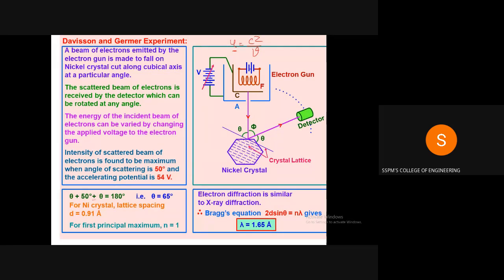That is as per Bragg's condition. Okay, the similar value we can obtain by using the de Broglie equation. Lambda equals h upon square root of 2mEV. Okay, now let's see.